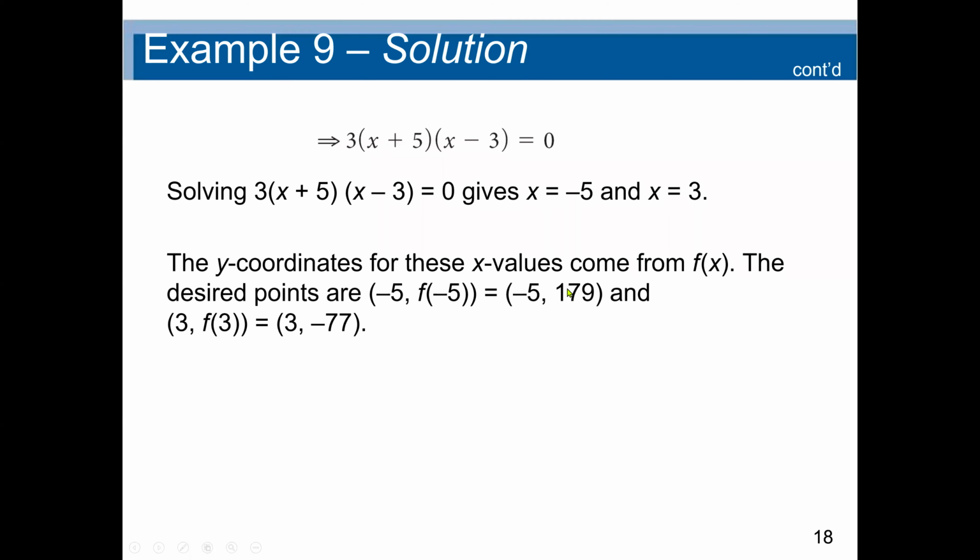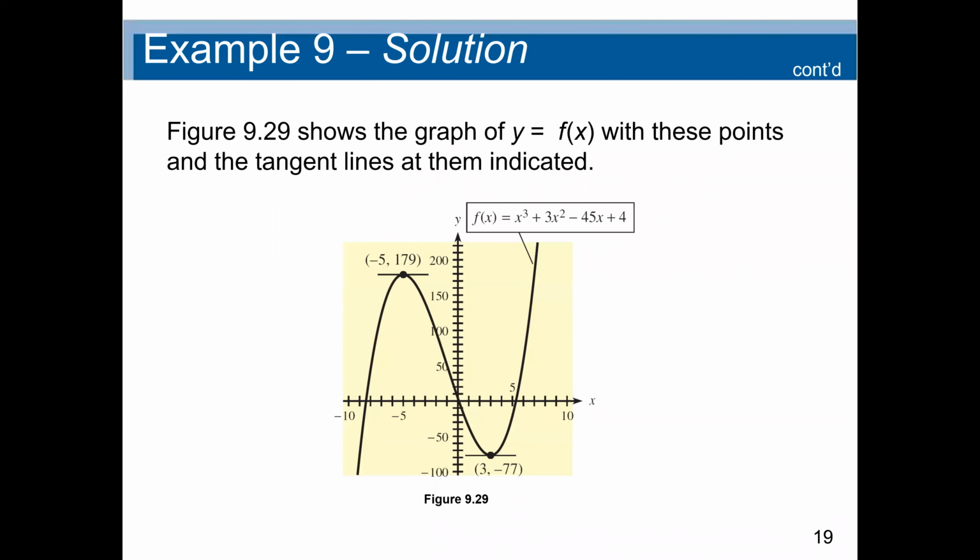It will give me this. Then at 3, f at 3 will also give me this. So those are the 2 points. And this is how it looks. When we plot the graph, you can see the horizontal tangent at the first point and the second one.